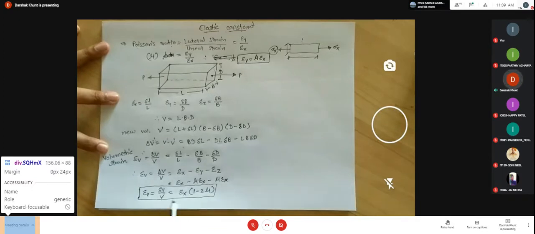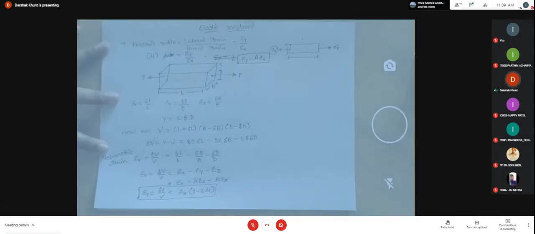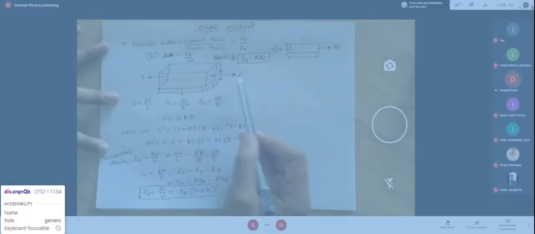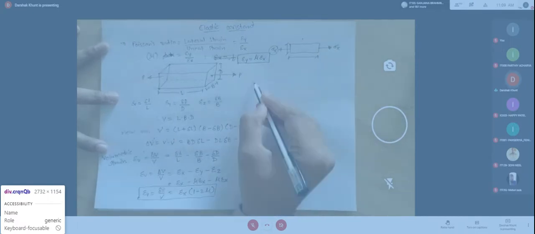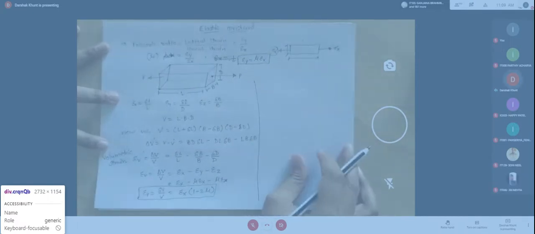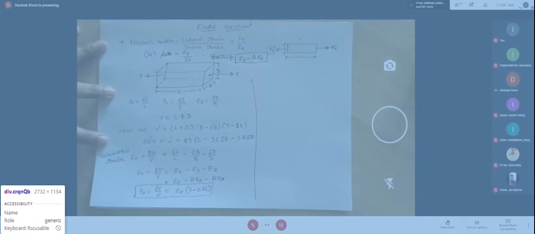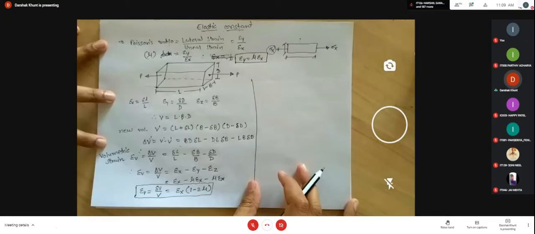Now that is the effect due to only one force, which is in the longitudinal direction. But practically, the stress is acting simultaneously from multiple directions. Okay.